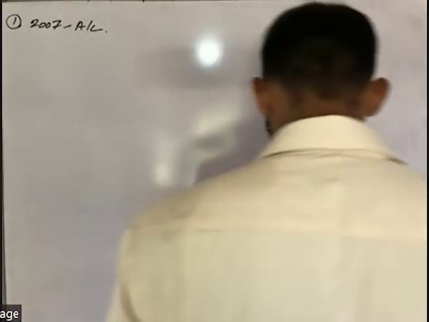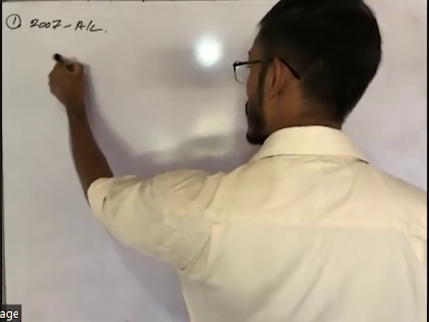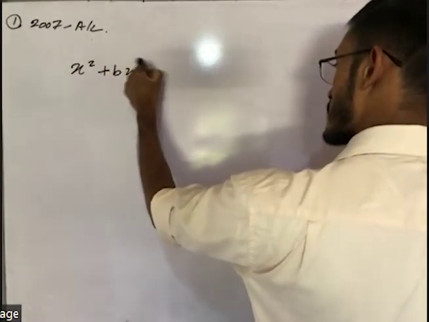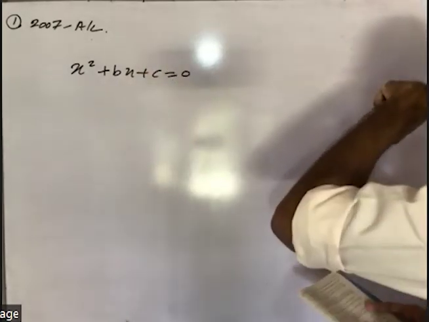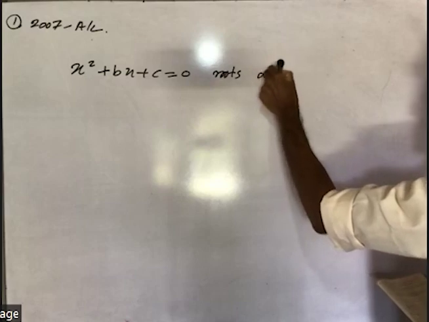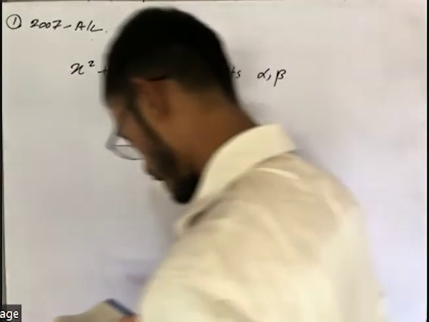So write down the question. Write down alpha and beta. Alpha and beta are the roots of the equation x square plus bx plus c equal to 0.